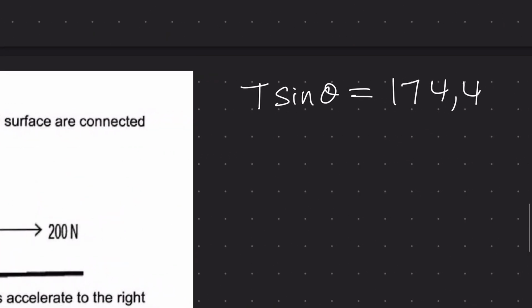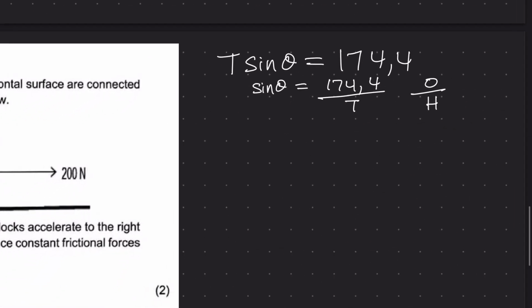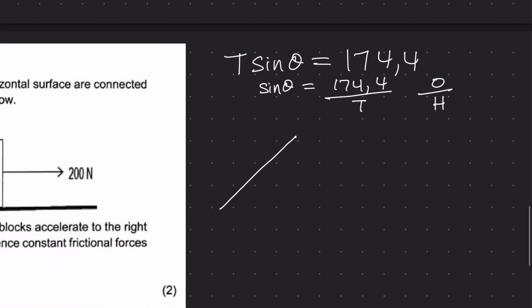That means sine theta is equal to 174,4 over T. So remember, sine theta is actually opposite over hypotenuse. So we can draw this triangle in. So there's theta, the angle that we want. Opposite, this is going to be 174,4, and that's going to be T.